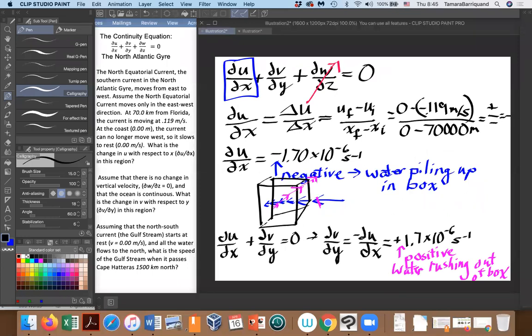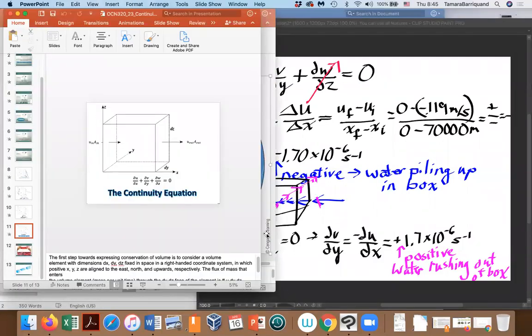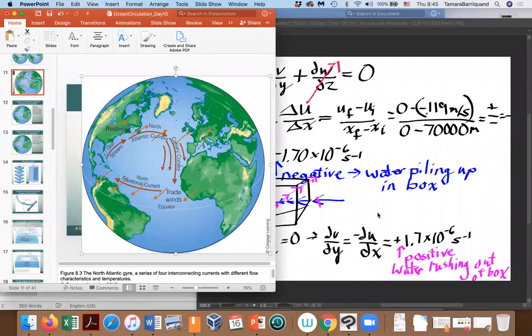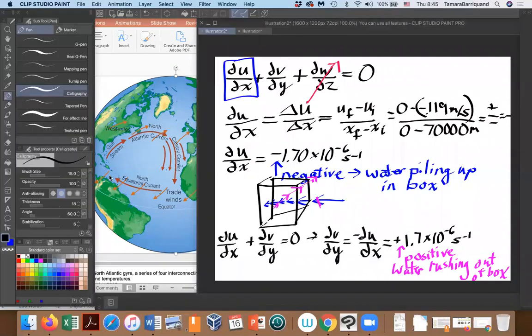And if we think back on our gyre, we know that the water piles up along the coast over here near Florida from the North Equatorial Current, and then that water moves up in the Gulf Stream to the north. All right, so this is our example of continuity and how it applies to the North Atlantic Gyre.